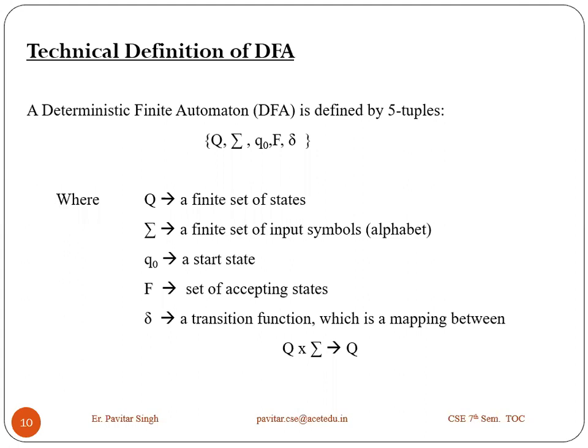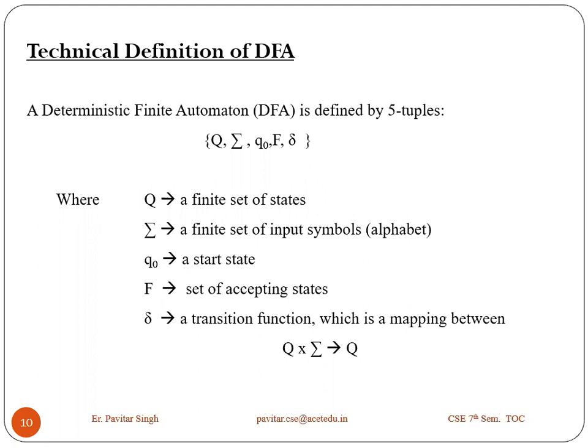Next we have sigma. Sigma is a finite set of input symbols, or you can say the alphabet. I told this in yesterday's lecture. That is your set of input alphabet. Next we have delta.